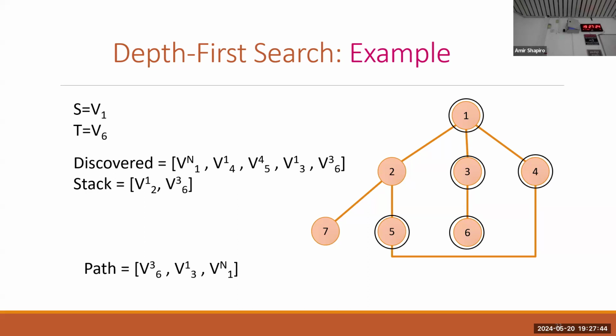So this is the back track of the pointer, and we can read it from right and see the path from the start to target. So this is the idea of depth first. It goes directly to the target, as directly as it can.